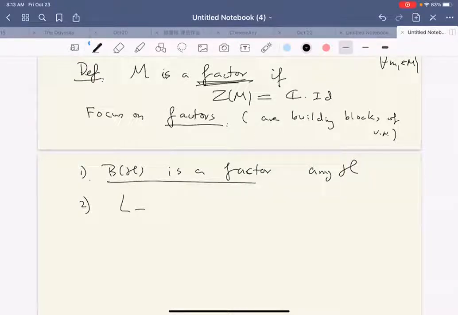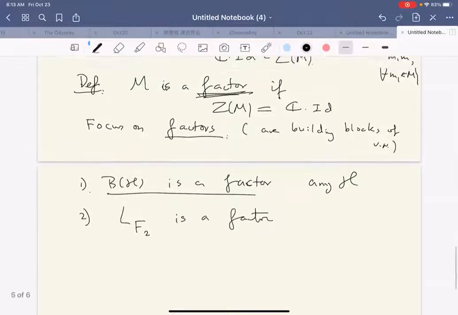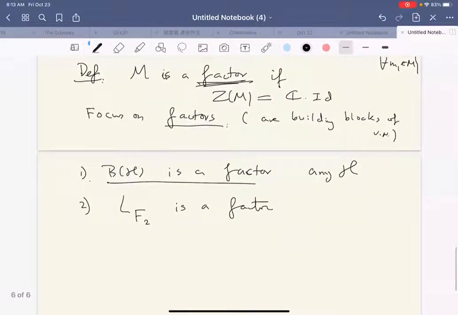In other words, if you think of the finite dimensional case, that's an exercise in linear algebra. Now, another thing is the L of F2 I have just introduced, which is slightly non-trivial. This is also a factor. It takes a bit more effort to show, but you can understand why, because F2 is highly non-commutative.